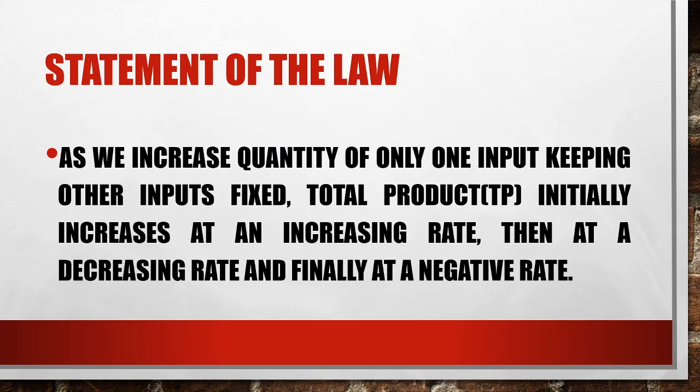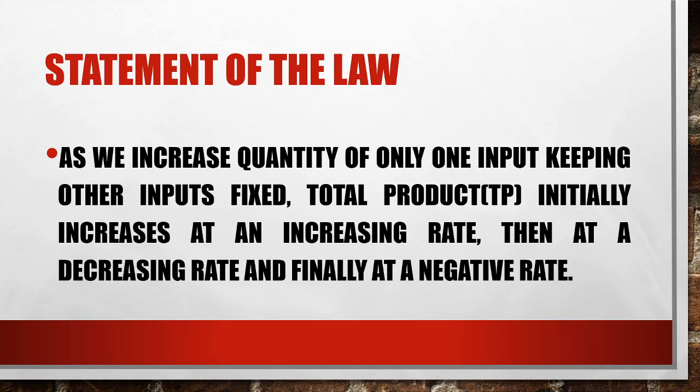So this law shows us three phases. According to the law of variable proportion, the changes in total product and also the marginal product can be classified into three phases. First phase is TP increases at an increasing rate, and with that MP increases.